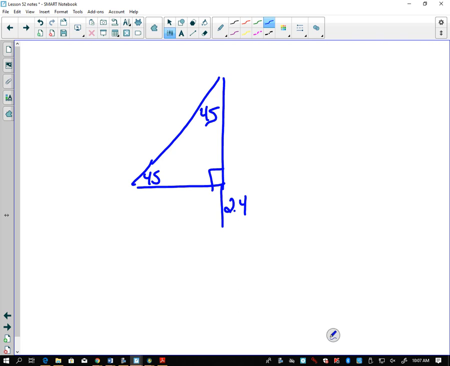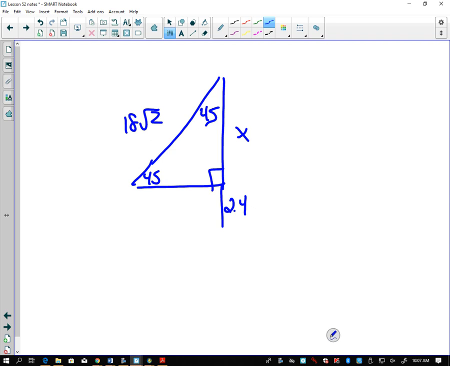And we know this, all right. And we know the hypotenuse is what, 18 radical 2? Okay. And it wants to know what? Find the height of the kite from the ground. So basically what we want to know is what this is, and then we're going to add 2.4 to it, right? Okay.